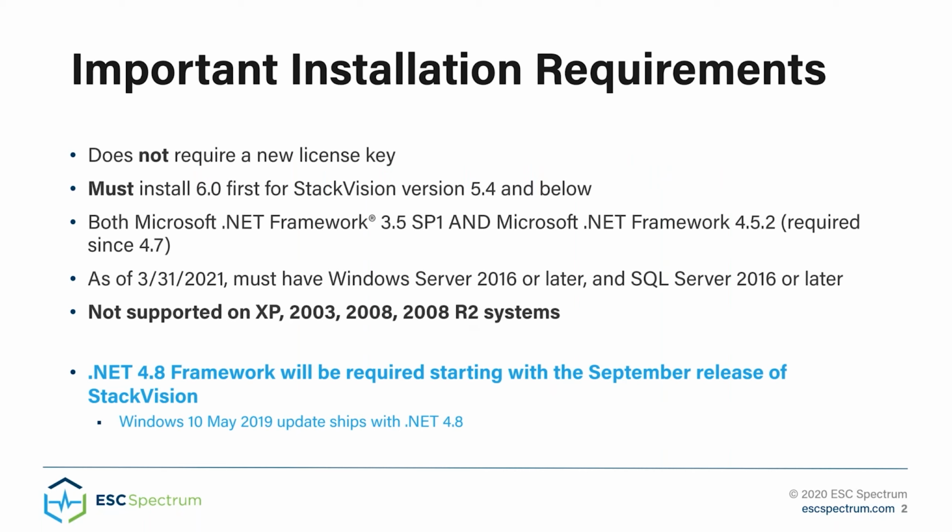Here are our installation requirements. As of the end of this month, you must have Windows Server 2016 or later and SQL Server 2016 or later. .NET 4.8 will be required with the September release of StackVision.